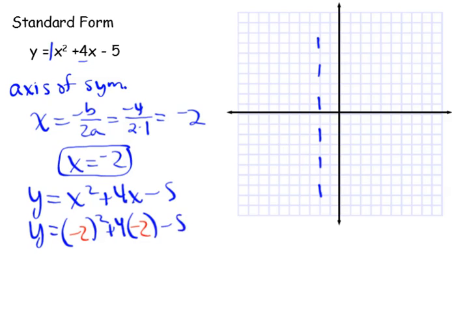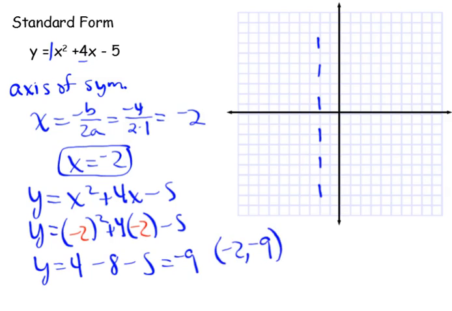And then we're going to simplify. -2 squared is 4. 4 times -2 is -8, minus 5 is negative 9. So our vertex is negative 2, negative 9. It's all the way down here. Now we can find the x-intercepts and the y-intercepts.